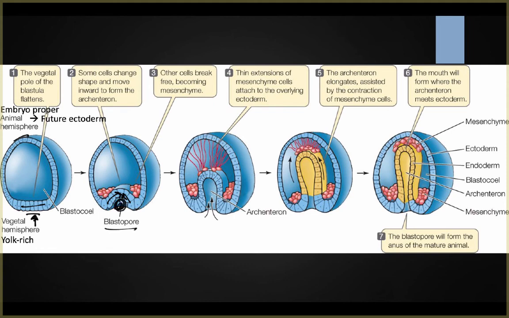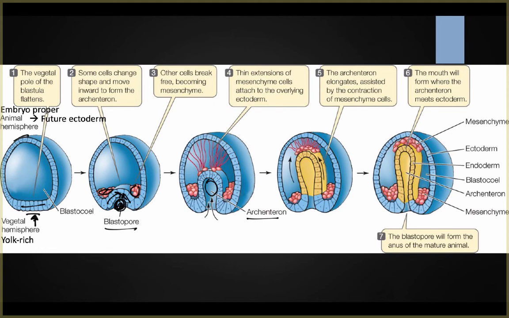Right now, this opening is a blastopore, but as it gets bigger, you'll notice it's becoming this ancestral gut. And so this is an archenteron. You'll notice that at both sides you have this red area, which are the mesenchyme cells, which are going to be part of the mesoderm.